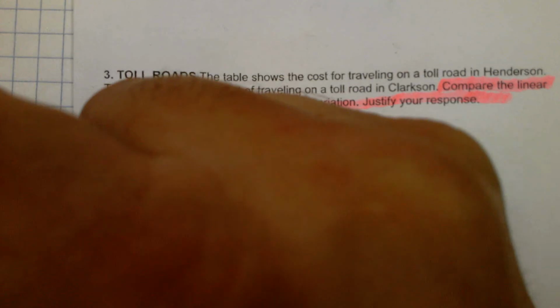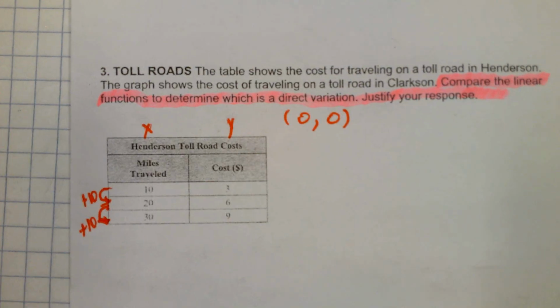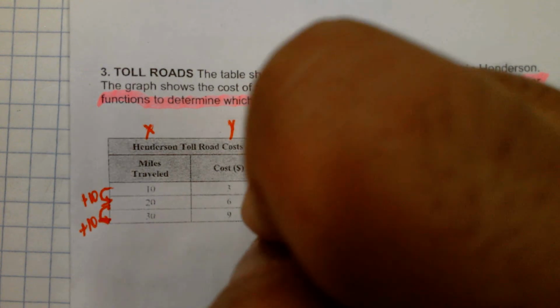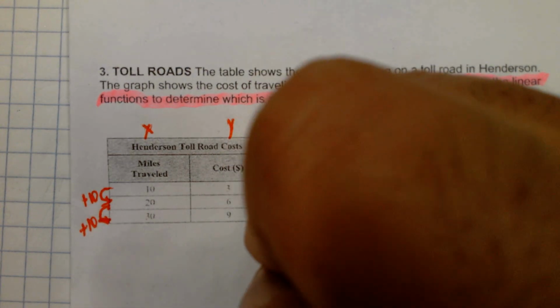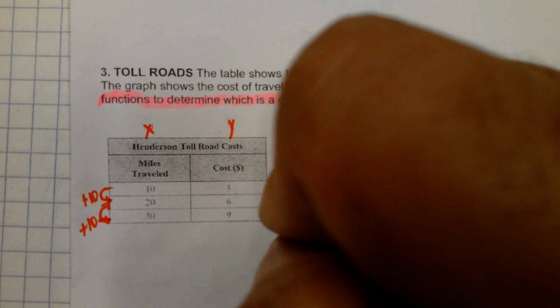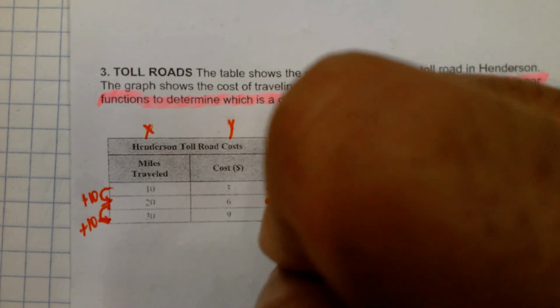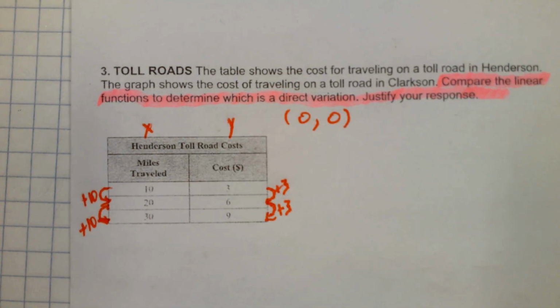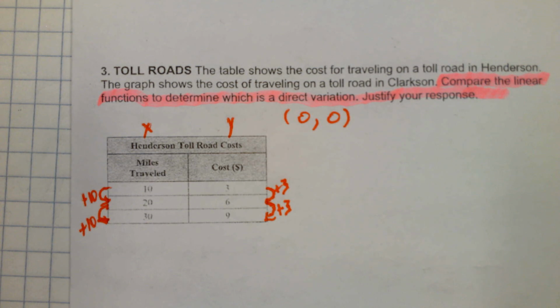It's up by 10. So for every 10 miles, how much are they charging? $3. That's a lot when you consider it. All right, so $3 for every 10 miles.